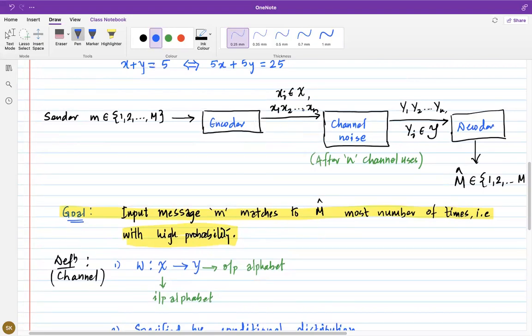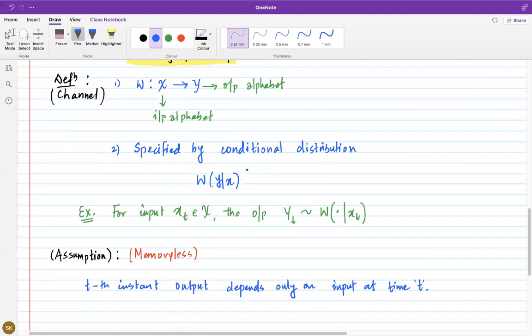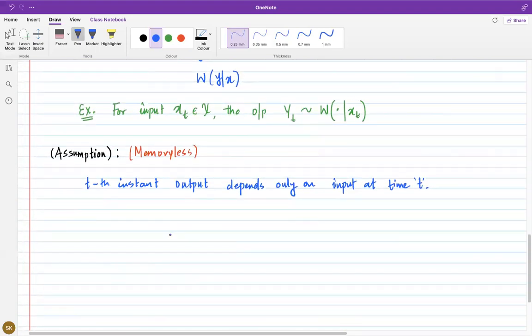We have an input which is an n length sequence, and correspondingly we get an n length output. If you capture the joint distribution of these two random variables using W to the power n, this is a product measure.